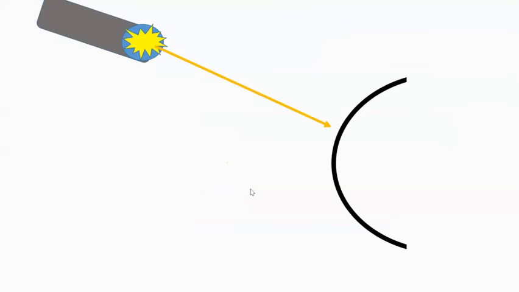So what about curved mirrors? How do we do this with a curved mirror? Well, with a curved mirror, you're going to look at the point at which the ray would touch the mirror, and you're going to put what we call a tangent line.